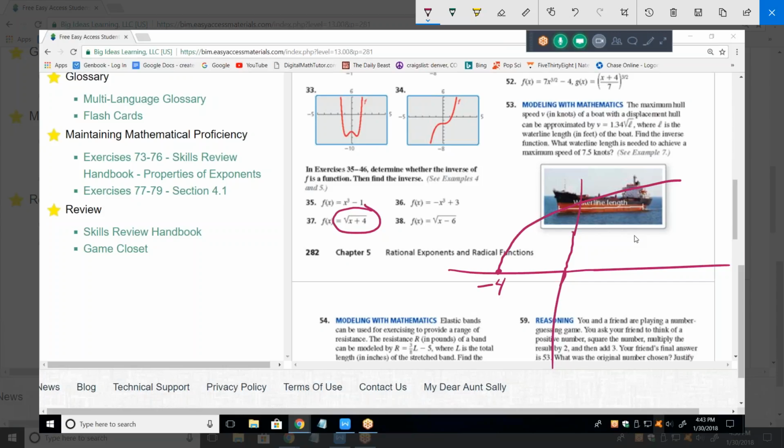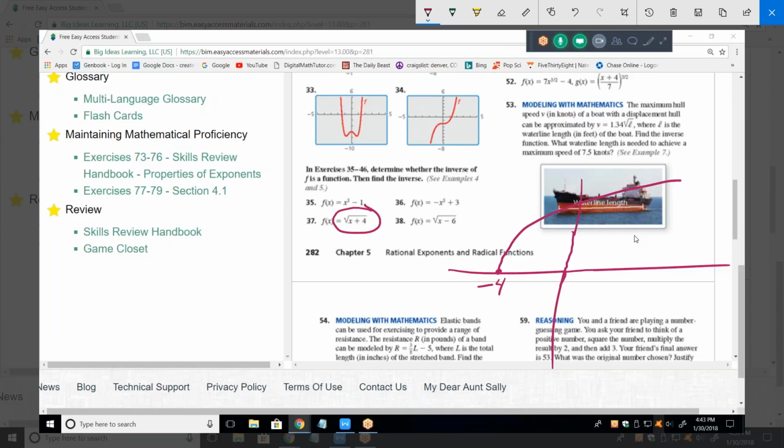Is that a function? Yes. Does it pass the horizontal line test? Yes. Is its inverse a function? We know the answer is yes because the function passed the horizontal line test.